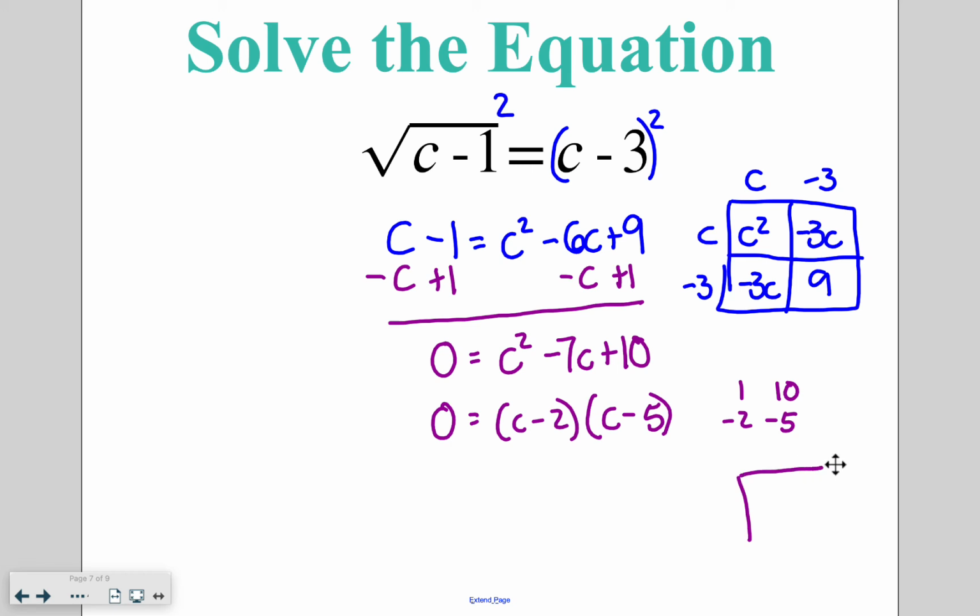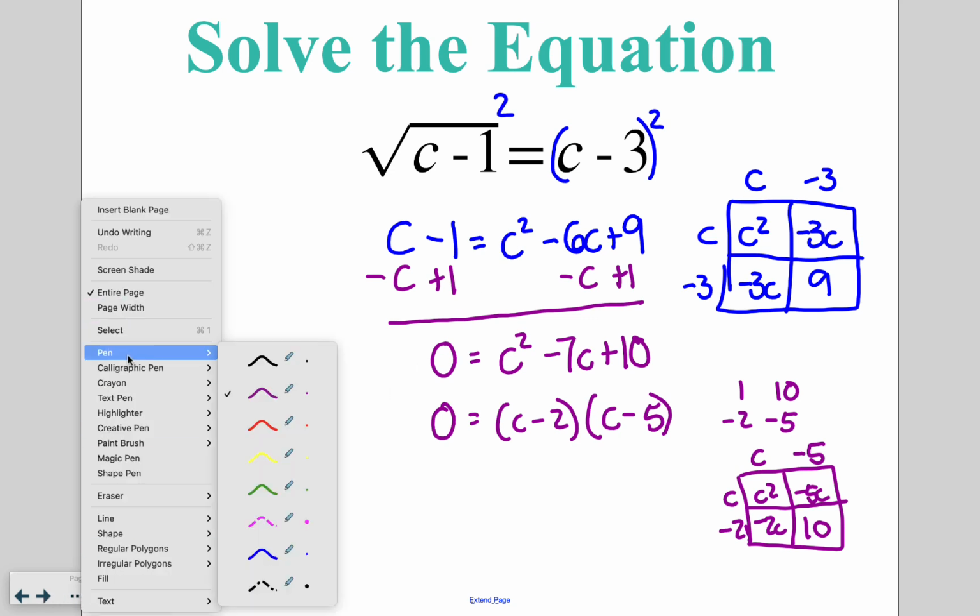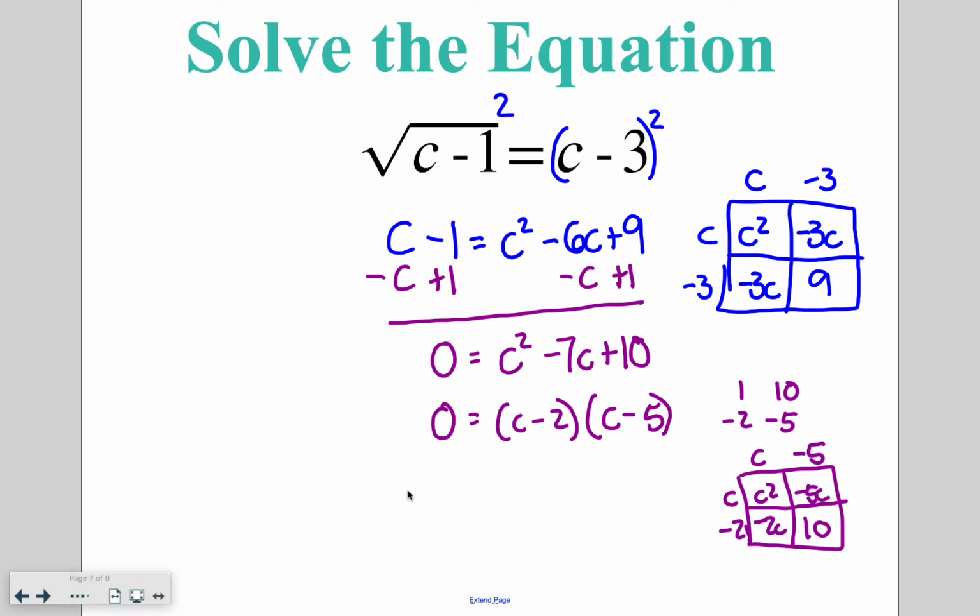Again, that would come from putting this into the box. You would have c squared, negative 2c, negative 5c, and positive 10, pulling out your GCF, then filling in the remaining factors.